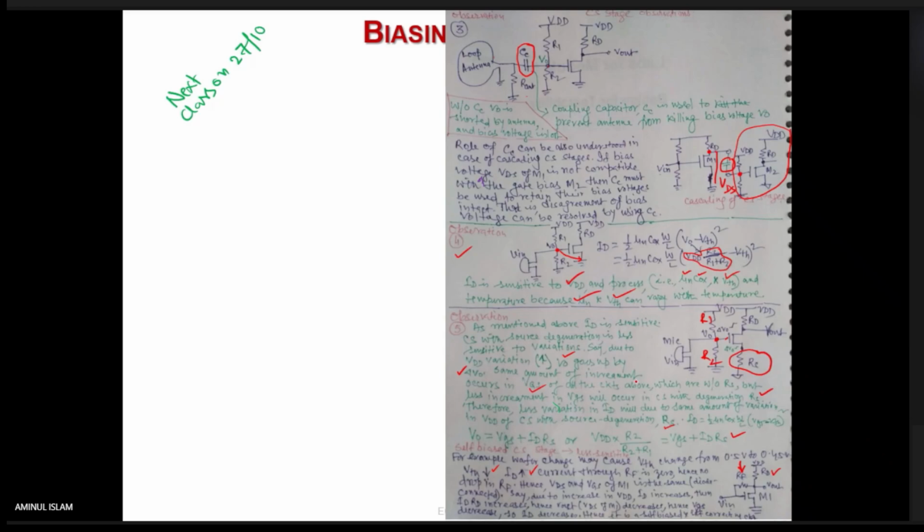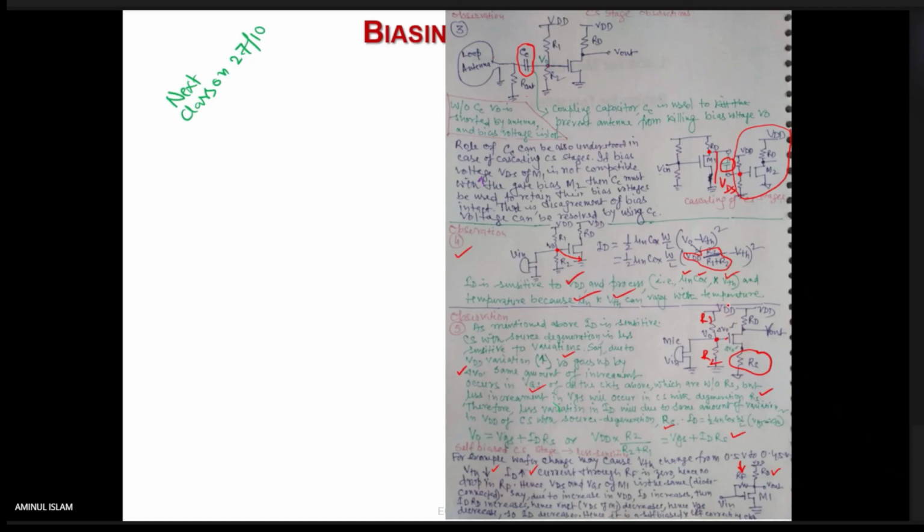So for that, what you need is one resistance RS to be connected at the source of the MOSFET. RS is called a degeneration resistor. What will happen here if there is a variation in VDD?